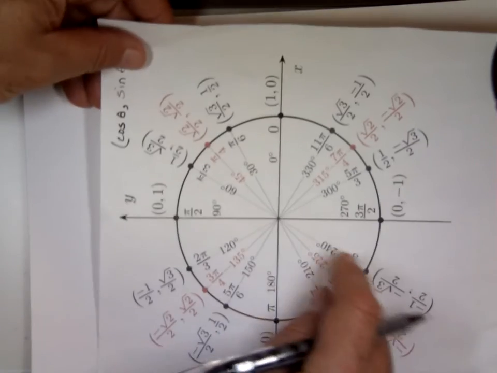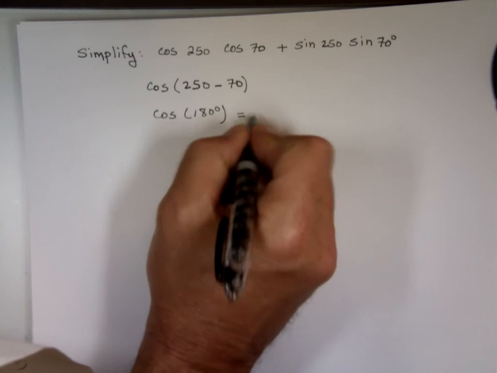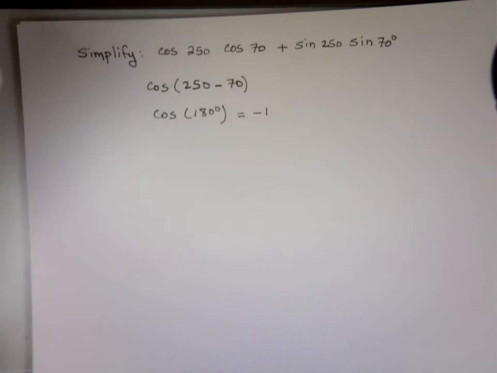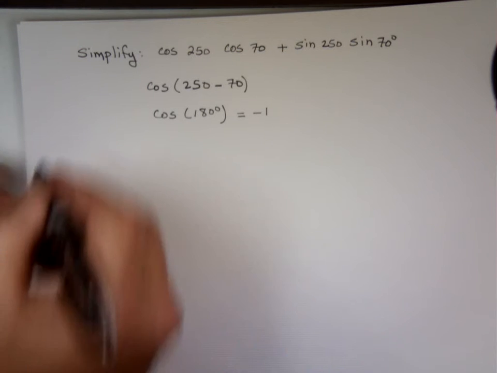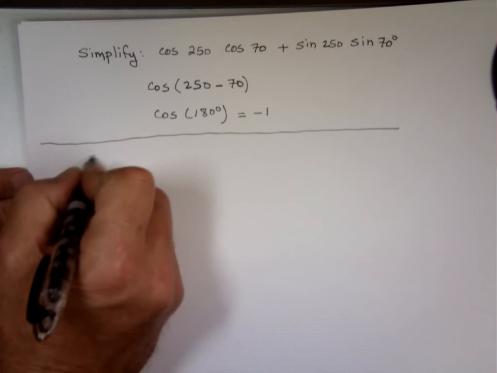Cosine of 180 is negative 1. So I worked the problem backward. Simplify.